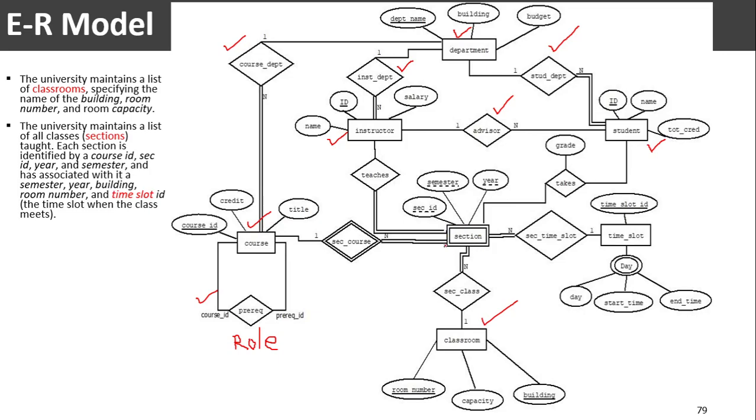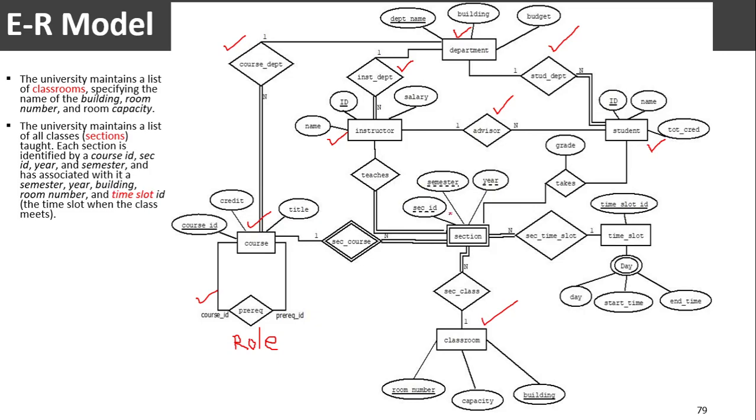Okay, so no need to once again store course ID with this weak entity set section, but the section has its own attributes like section ID, semester and year. So which section is taught in which semester and which year, that we are supposed to store.